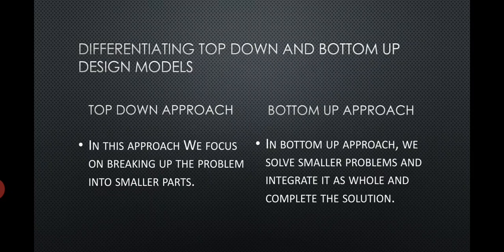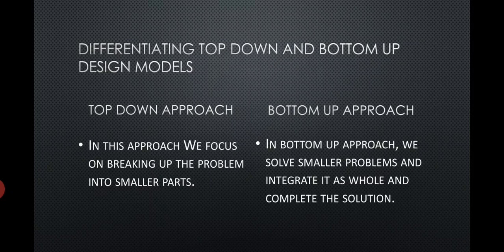For differentiating the different types of approaches to handling programs: in the top-down approach, as we discussed, we focus on breaking up the program into smaller parts, whereas in the bottom-up approach, we solve smaller programs and integrate them as a whole and complete the solution.